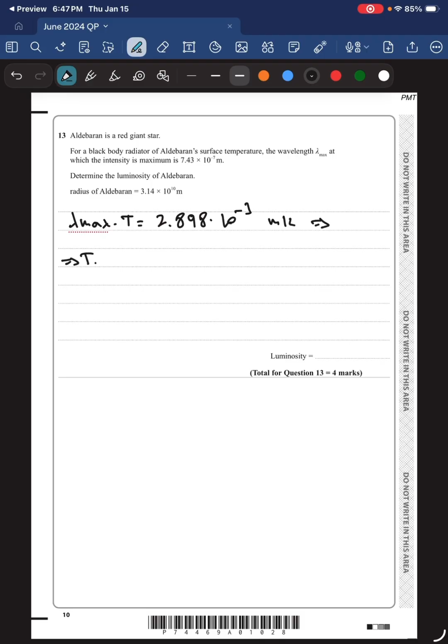Therefore, T is 2.898 times 10 to the negative 3 over 7.43 times 10 to the negative 7. So you have meters Kelvin over meters.